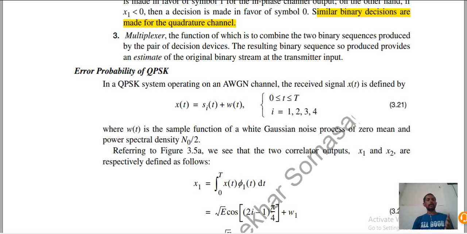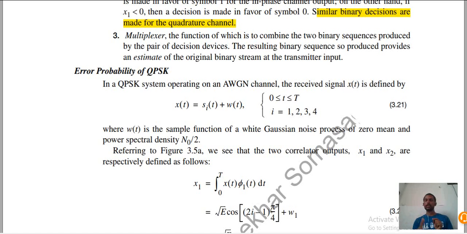In a QPSK system operating on the AWGN channel, as we discussed in the first and second chapters, while transmitting the signal the channel adds additive noise W of t, a white Gaussian noise process with zero mean and power spectral density N naught by 2, given as x of t equal to s_i of t plus W of t, for one complete bit duration.